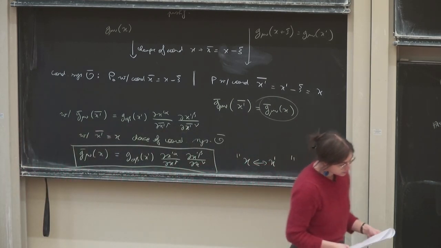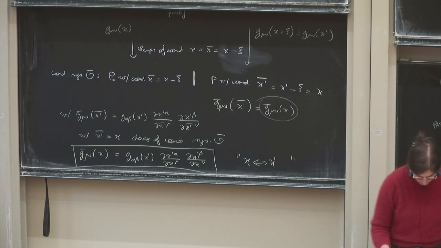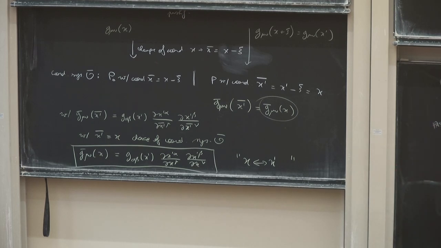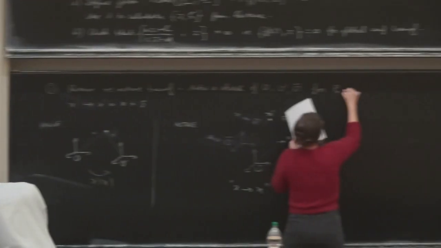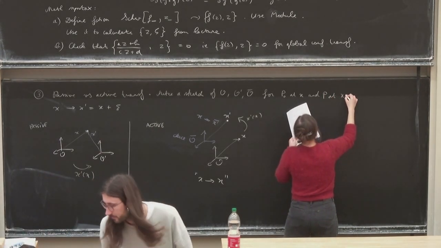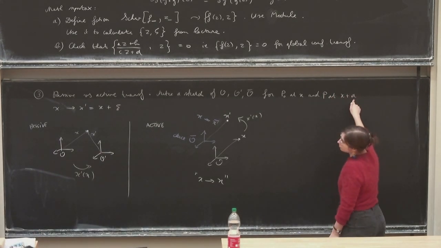Right, so the exercise you can do about that is to make a sketch of the three frames of reference O, O prime, and O bar that came into play in this argument for P0 at x and P at x plus a, where a is now a constant.